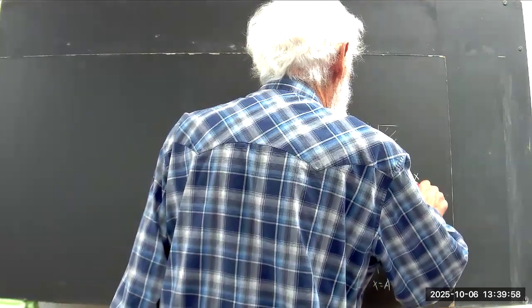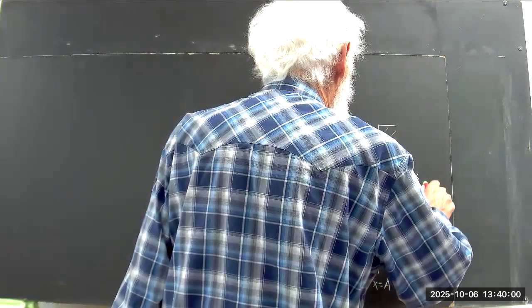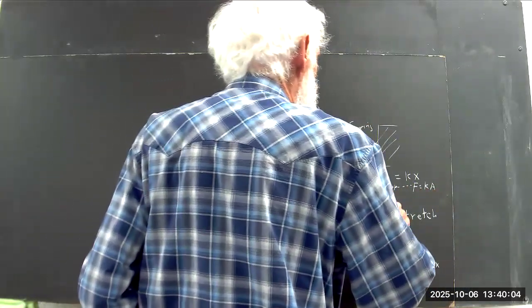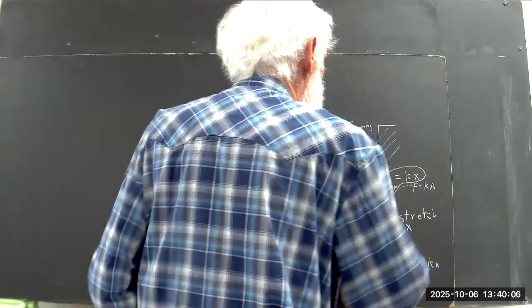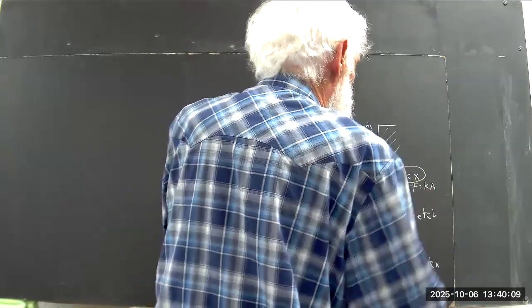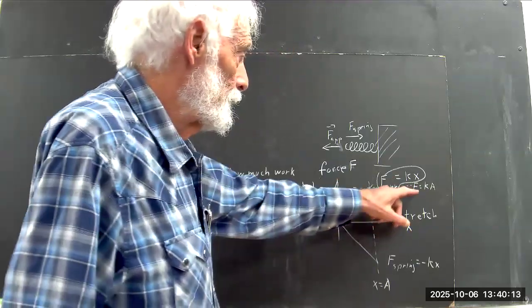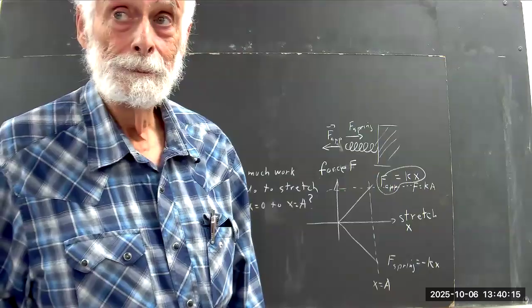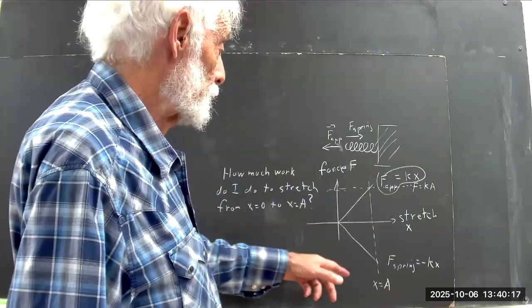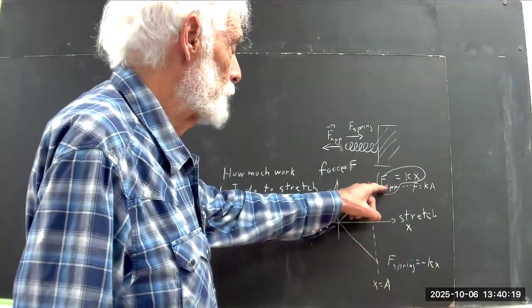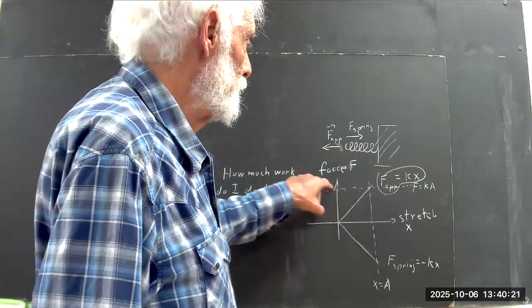Now here, this horizontal line that's all mixed up with this equation here is F equals K times A, because the function is applied force equals Kx.